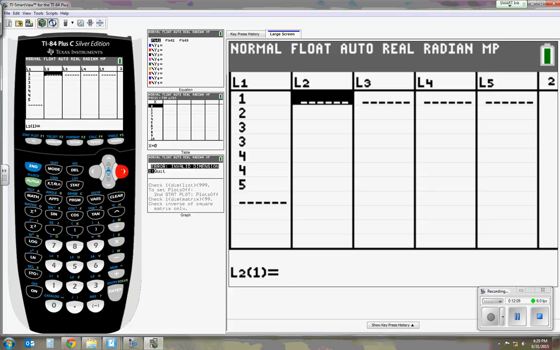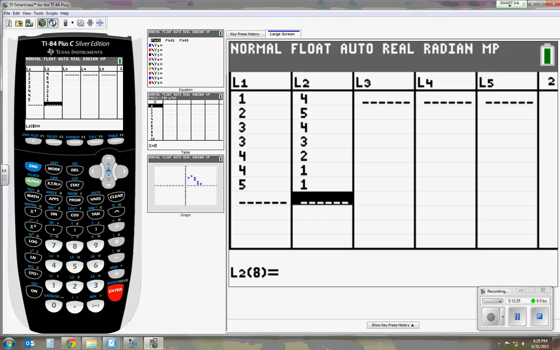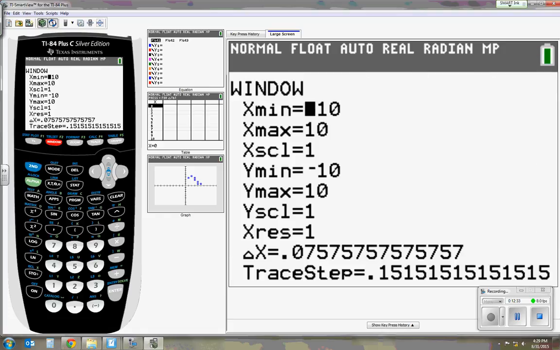Okay, and I'm going to arrow over and I'm going to put in the matching y value. So that's 4, 5, 4, 3, 2, 1, 1. And so we've got that in there. Okay, and we want to make sure that our window is set appropriately. So I'm just going to go to window and make sure my window is within the parameters of my numbers.